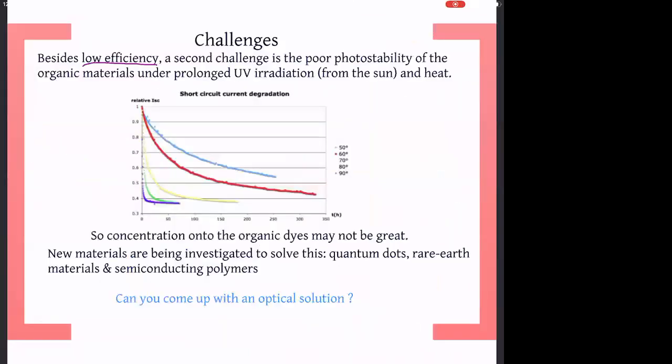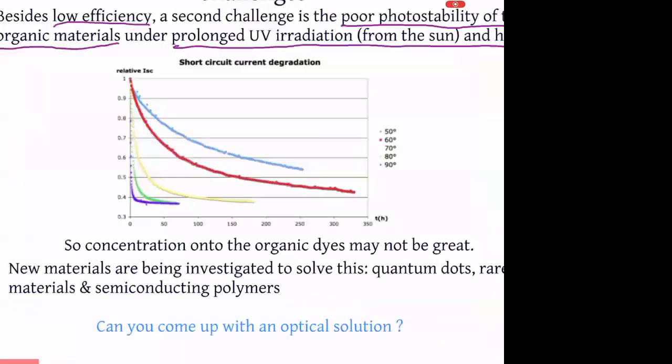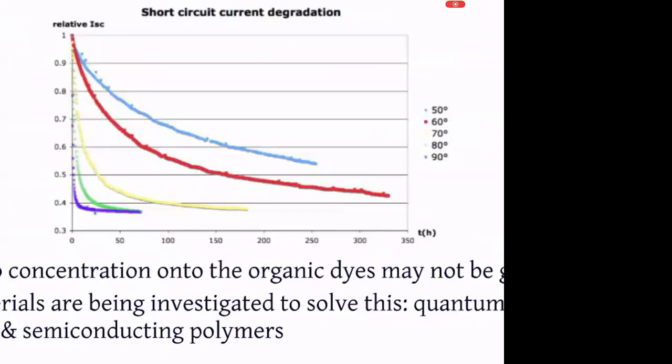The second problem is the poor photostability of these materials. That means these are typically organic molecules that if you put them under sunlight for a long time, which has pretty significant UV, and if it gets heated up, it will degrade. So that's shown in this plot. This is an experimental measurement of an organic solar cell which shows the short circuit current as a function of time at different temperatures, increasing temperature here.